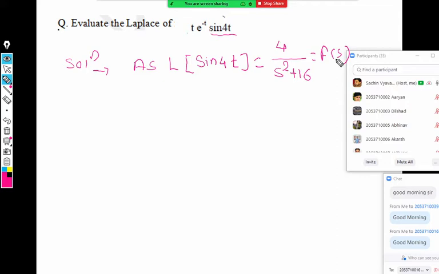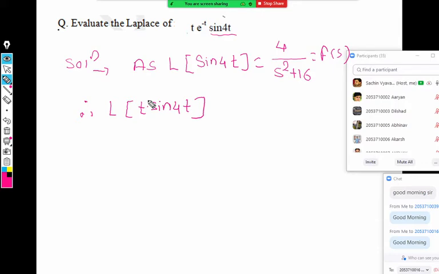Now which property? There is no need to write every time that you are using multiplication by t, so I will write it directly. Therefore, Laplace of t into sine 4t. Which property are we using actually? It is multiplication by t.